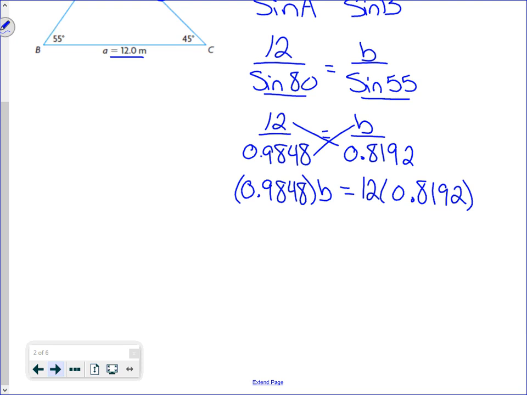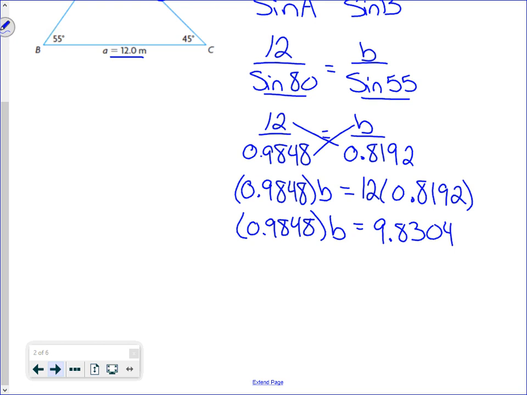So now I'm going to multiply. On the first side, I'm not going to do anything yet. Now I'm going to multiply 12 times 0.8192 to get 9.8304.